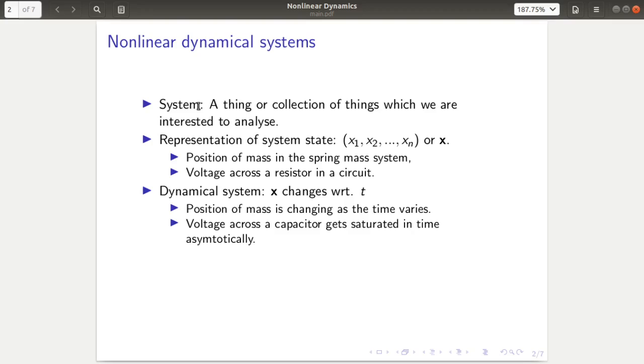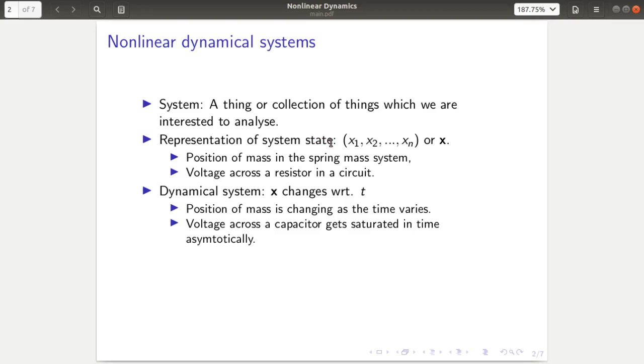Now the system has to be represented somehow, right? And that will be represented by the state of the system. In order to describe the system, we need to describe the state of the system.